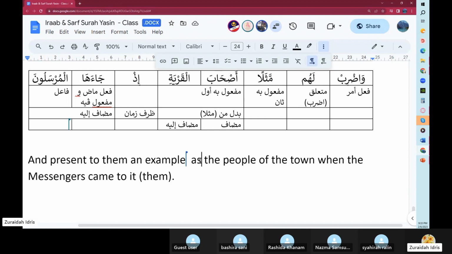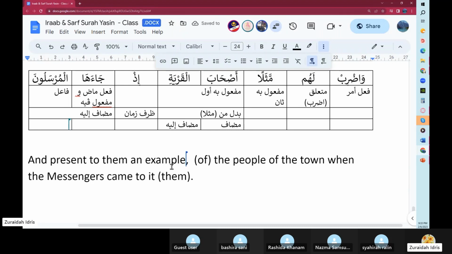Mostly they would put it in brackets. But in English, normally when you do something like this, we would just put a comma: present to them an example, which is basically the people of the town, when the messengers came to them or to it, depending on how.